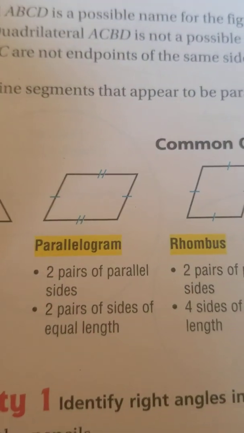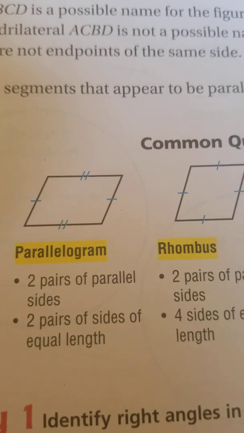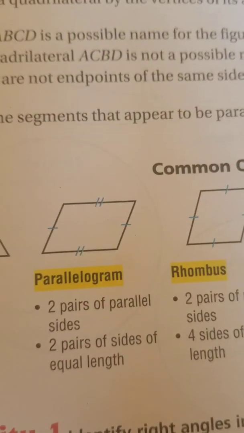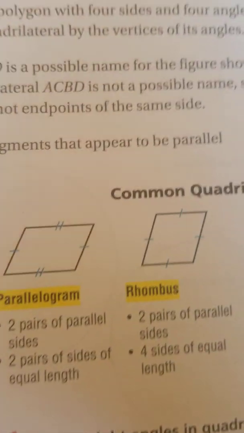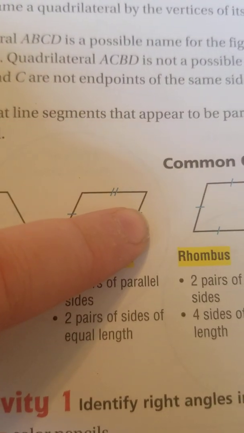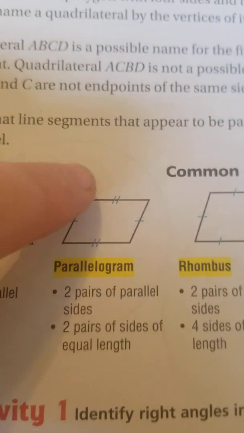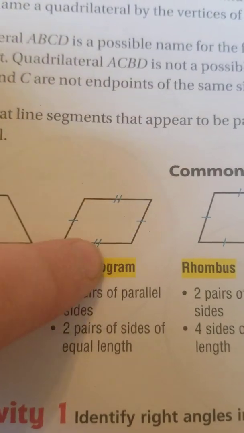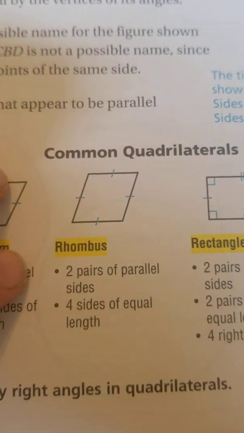So again, they have two pairs of parallel sides and two pairs of sides that are the same length. The top is parallel to the bottom, and they are both the same length.